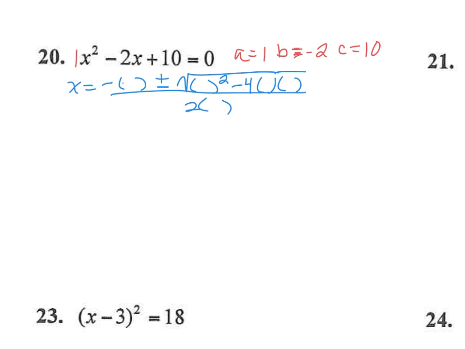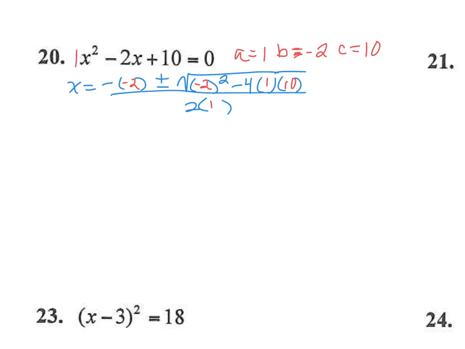So our B is negative 2. It's just a coincidence that all of our B's have been negative on these examples. Don't let that affect you. And then our A is 1, and our C is 10, and our A is 1.